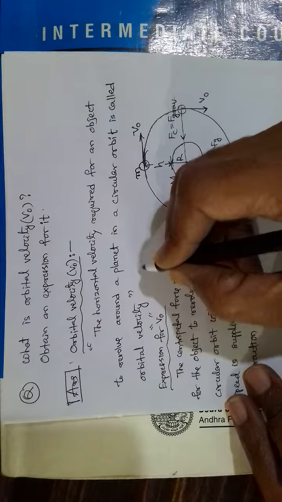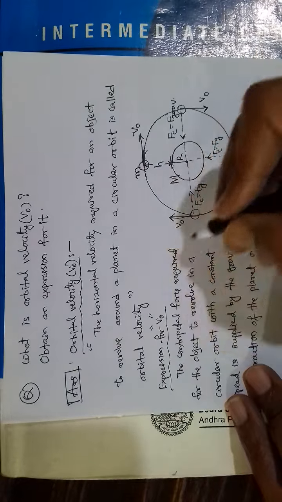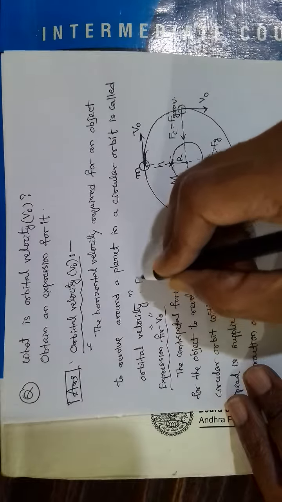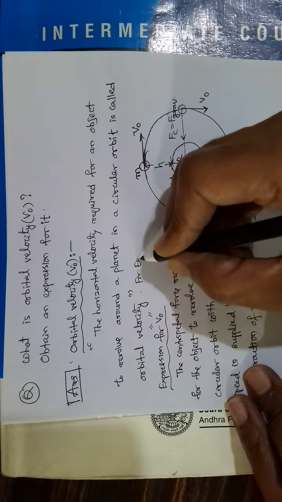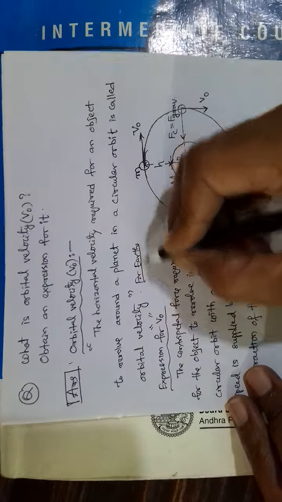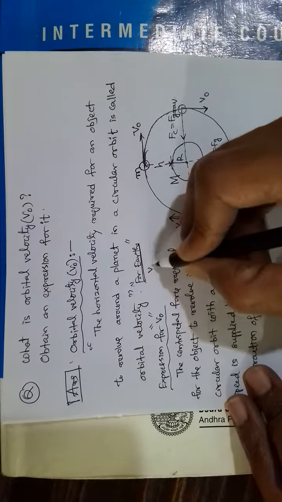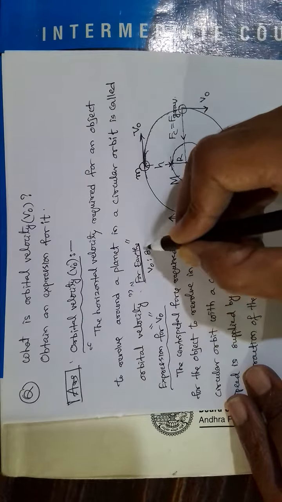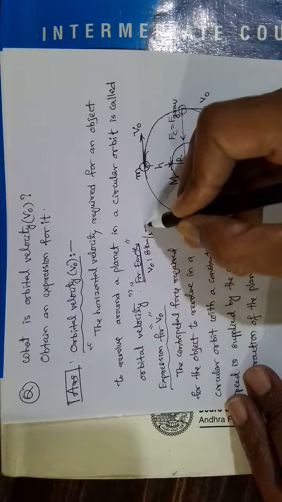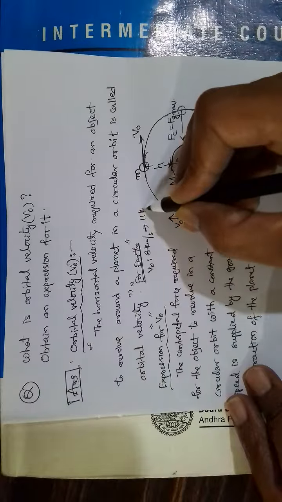Its value, as far as Earth is concerned, for Earth, since we are launching satellites from Earth, is from 8 kilometers per second to 11 kilometers per second.